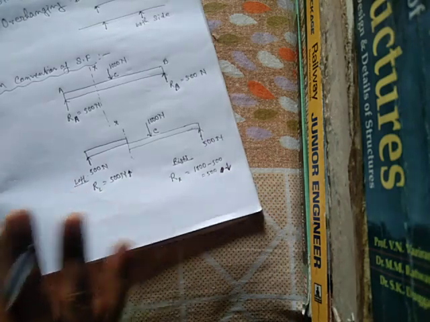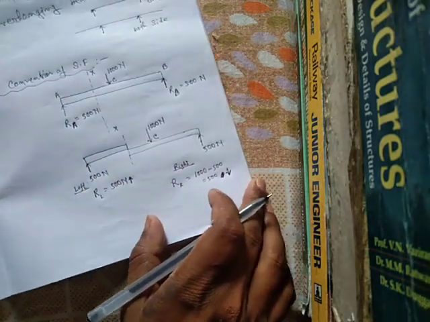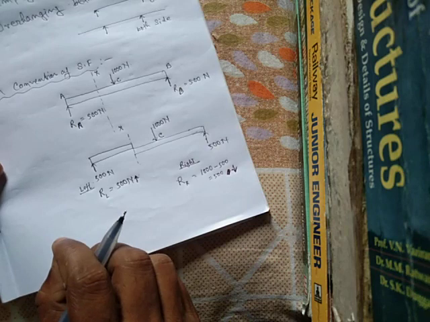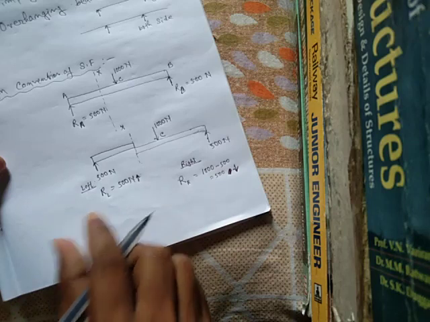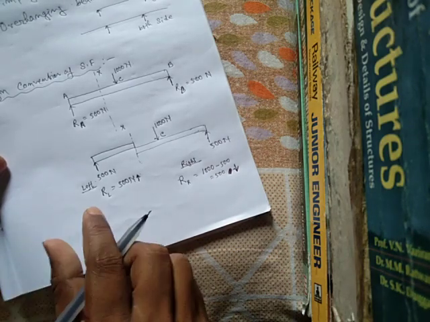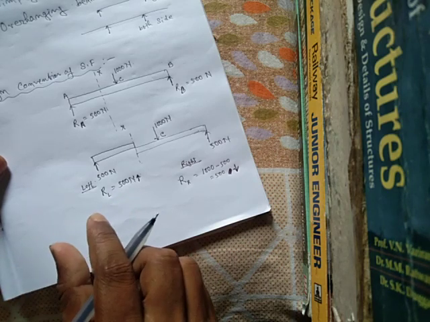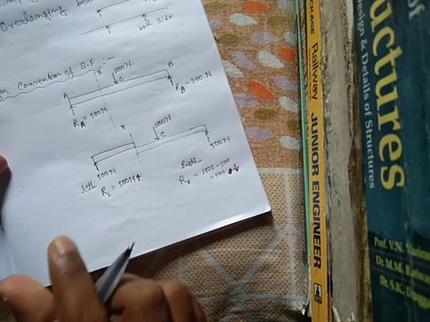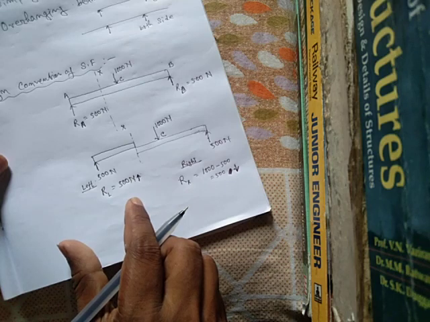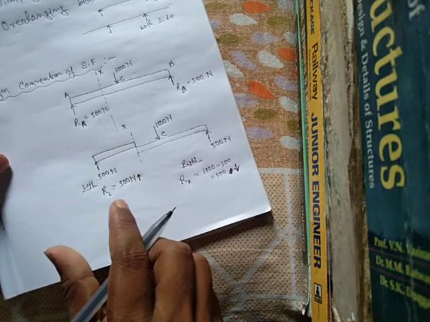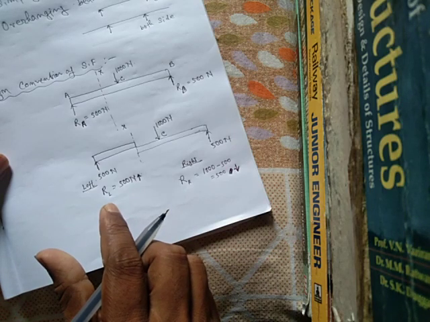Now you can also write down in your copy: the shear force at a section will be considered positive when the resultant of the force to the left of the section is upward, or to the right of the section is downward.